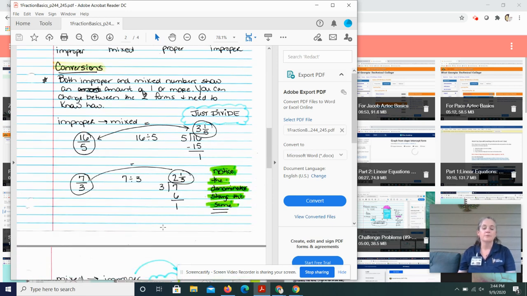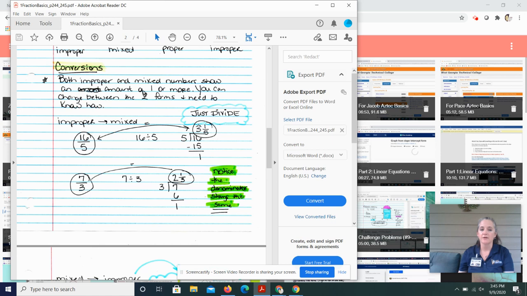To go from an improper fraction to a mixed number: this is an improper fraction, 16 over 5, the top's bigger than the bottom. Remember I said a fraction bar is really just a division symbol. So 16 divided by 5 is what that really reads as. In long division, 5 goes into 16 3 times.